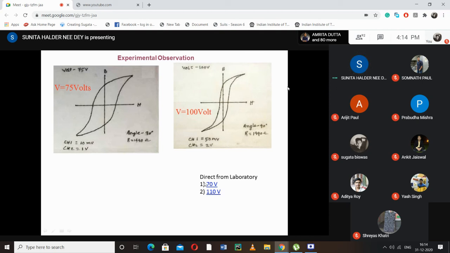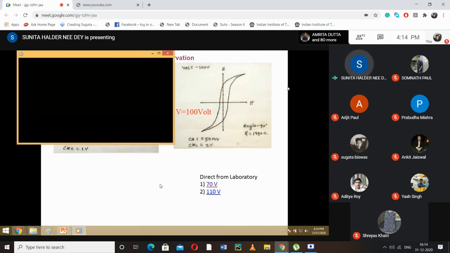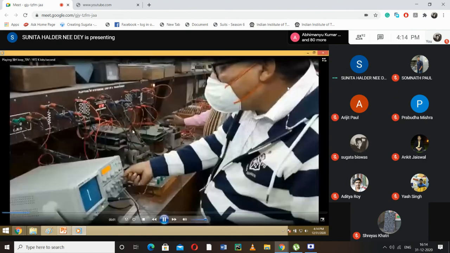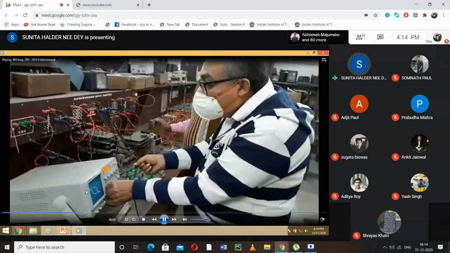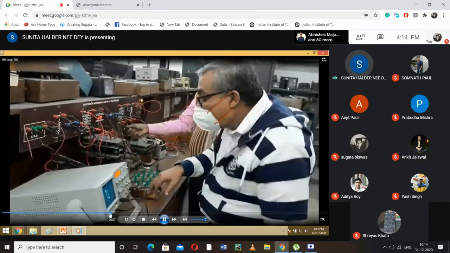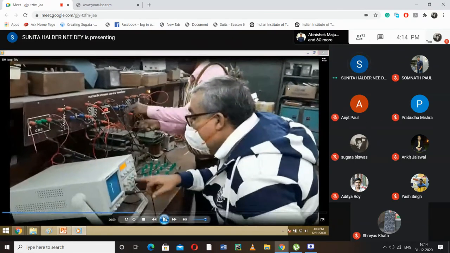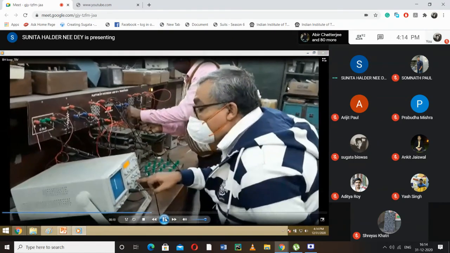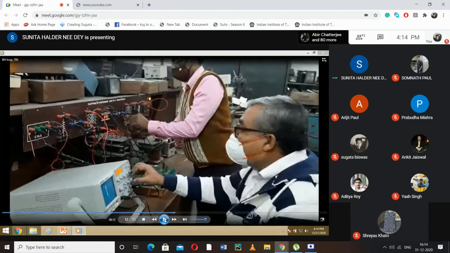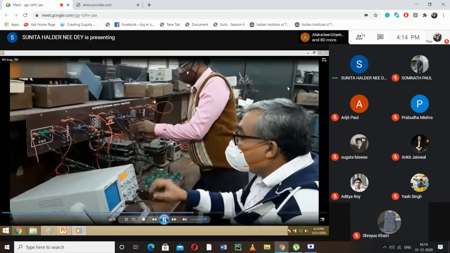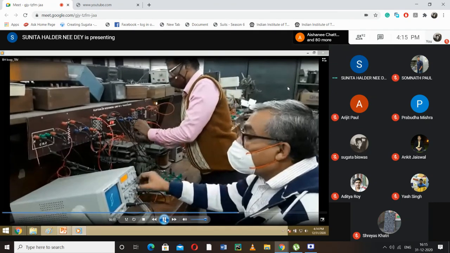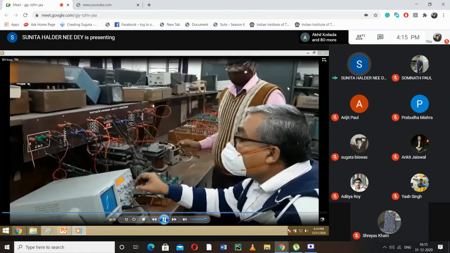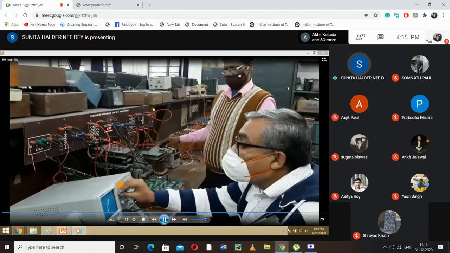Right. So if you see it from the laboratory, it is coming in the opposite direction, so you have to change the polarity. In this way, we can adjust within the scale and we can get it.